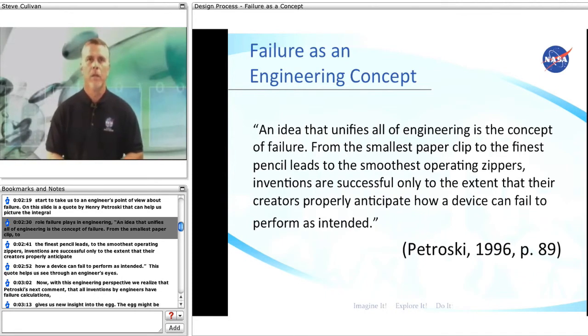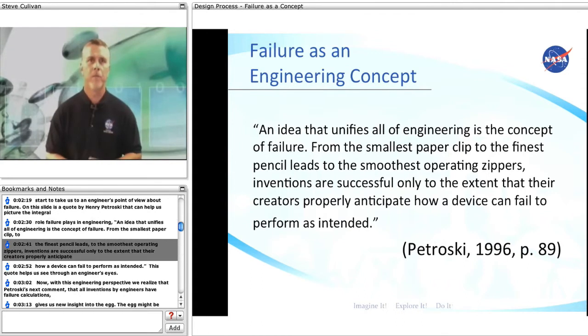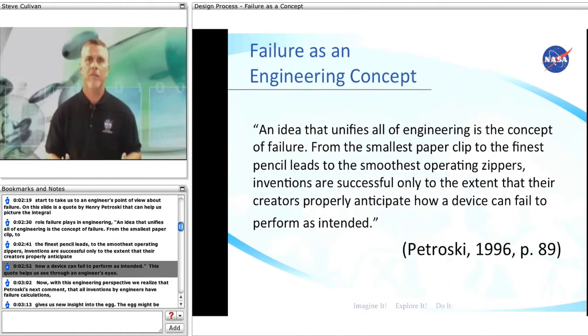Quote, "An idea that unifies all of engineering is a concept of failure. From the smallest paperclip, to the finest pencil leads, to the smoothest operating zippers, inventions are successful only to the extent that their creators properly anticipate how a device can fail to perform as intended." Unquote. This quote helps us to see through an engineer's eyes.